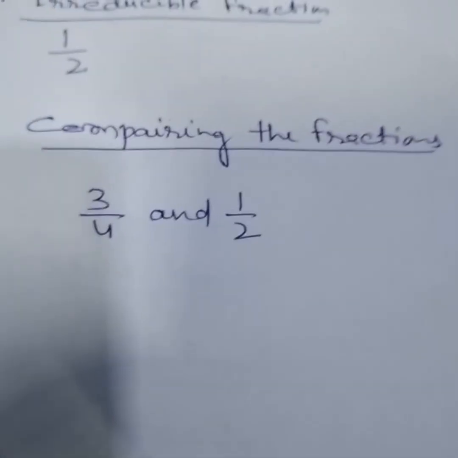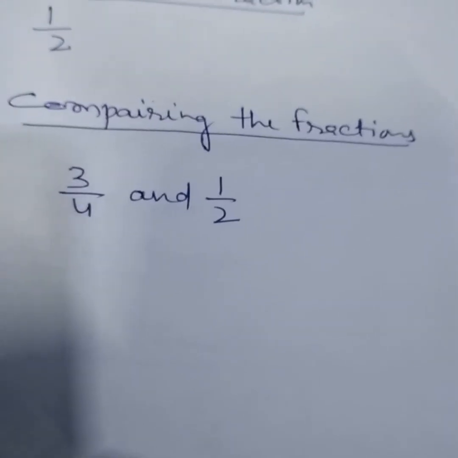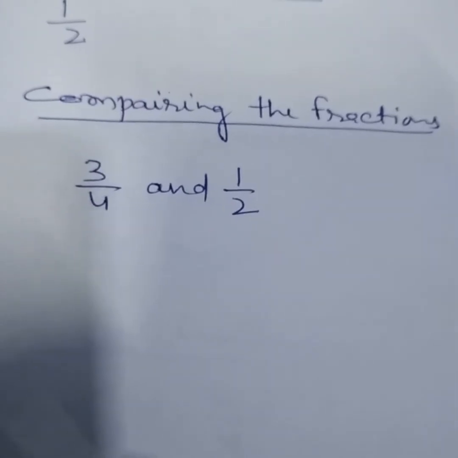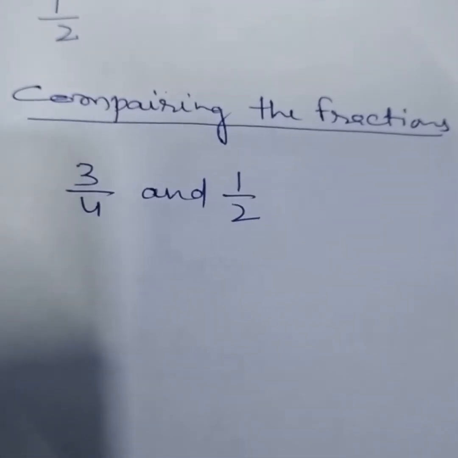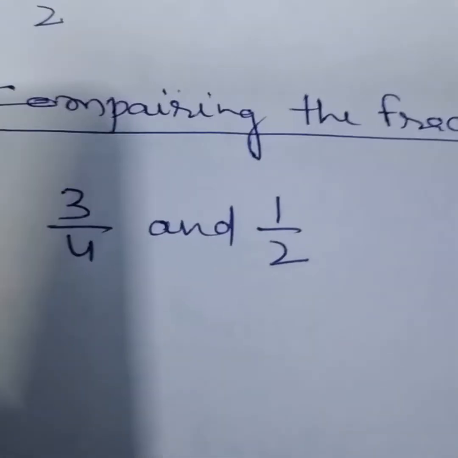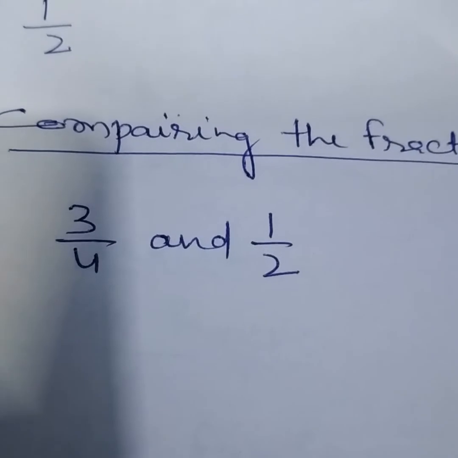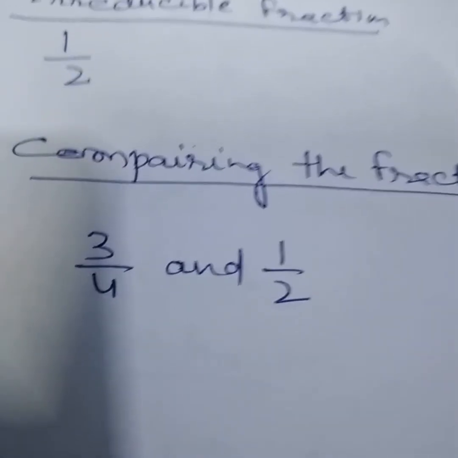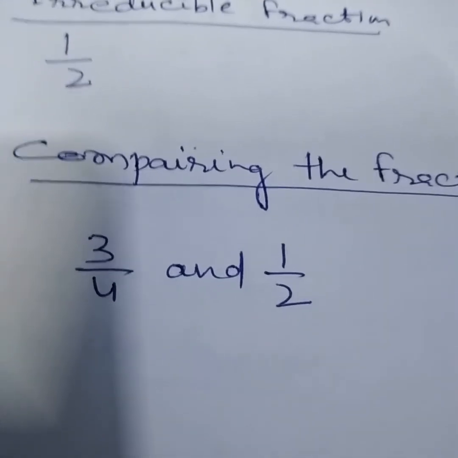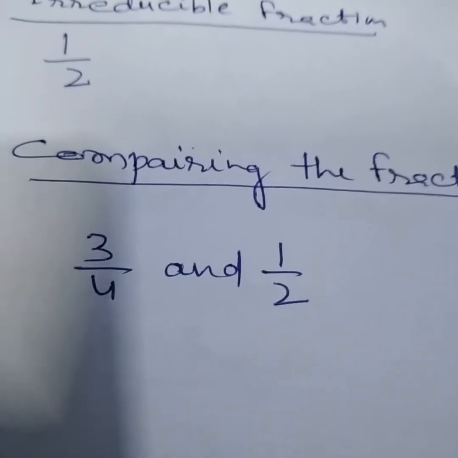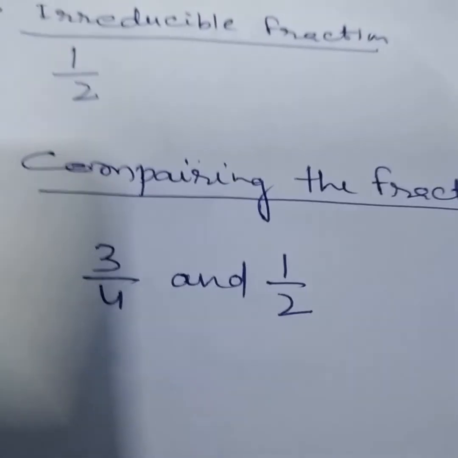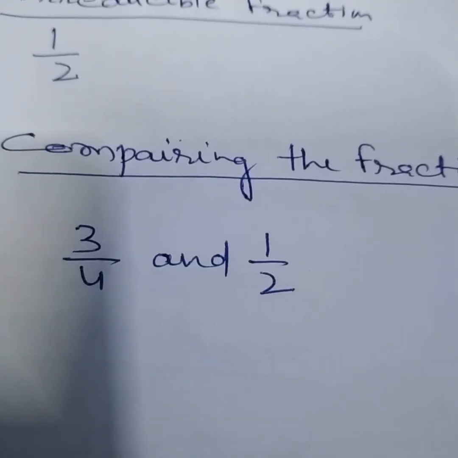The next topic is comparing fractions. 3 upon 4 and 1 upon 2. The numerators and denominators of both fractions are different. It is very difficult to understand which one is greater and which one is smaller. 3 upon 4 and 1 upon 2 are very small fractions, so we can understand which one is greater, but what is the method to understand which is greater and which is smaller?